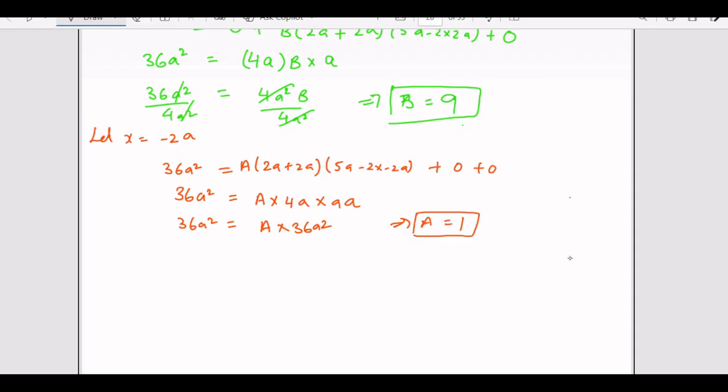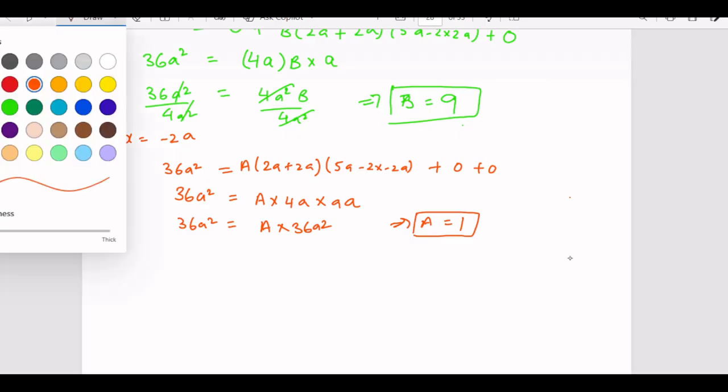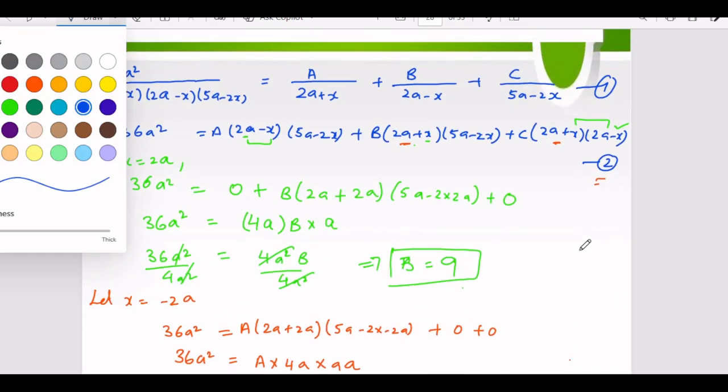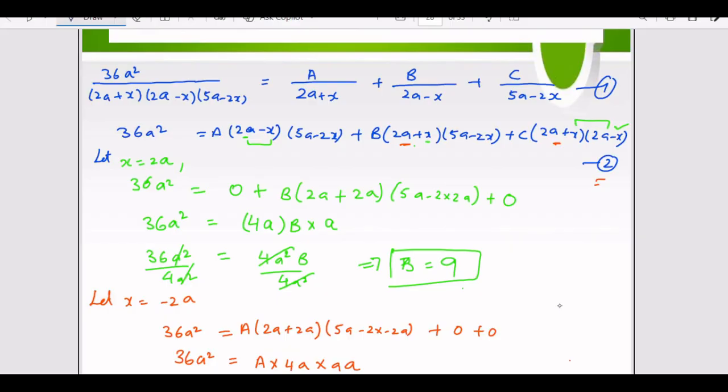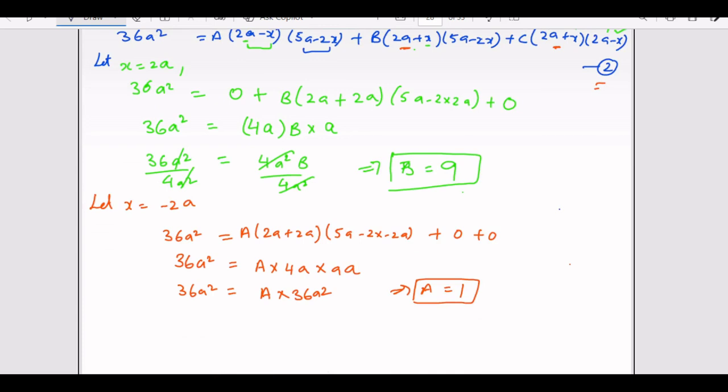Now we are still left with the value of c. So we can find out for c to make a and b other terms. If we have here, what else we can put? We have this here. So 5a minus 2x equals to 0. If we want to make this equal to 0, then our 5a should be 2x and x should be 5 over 2a.